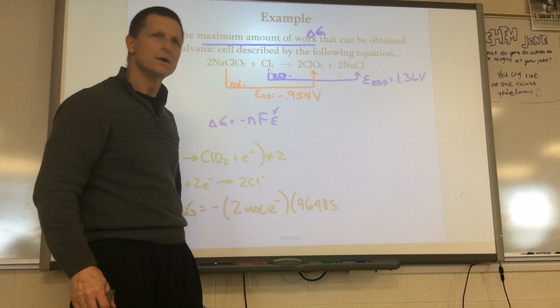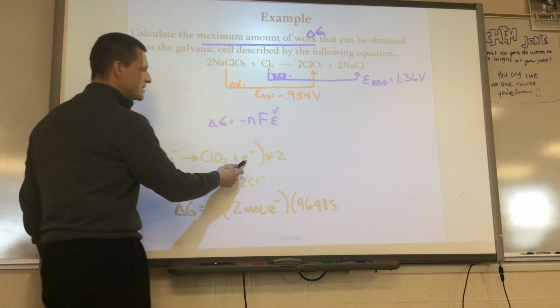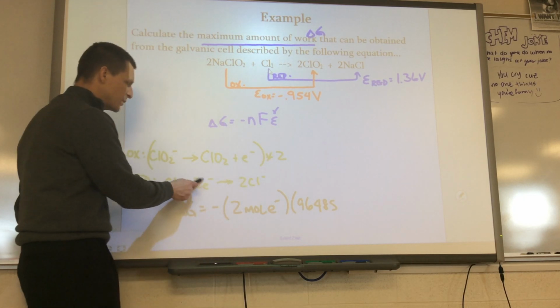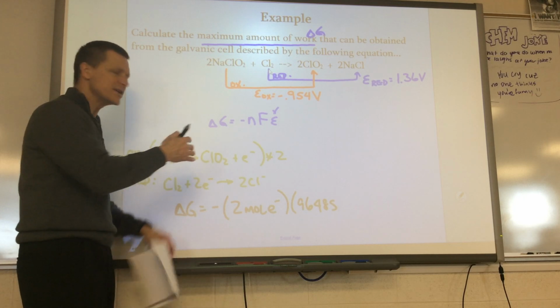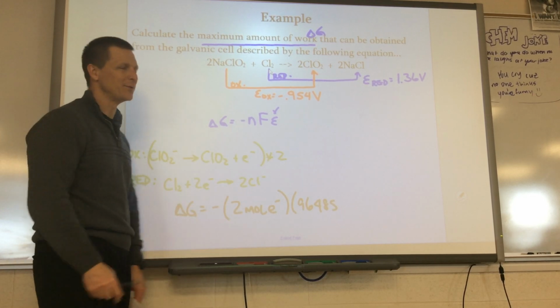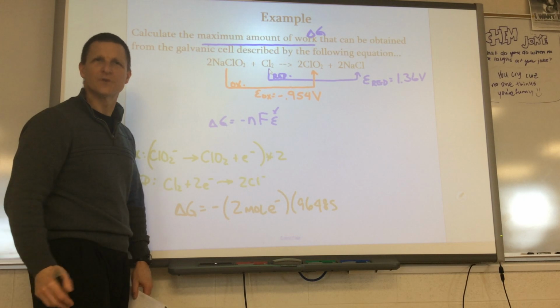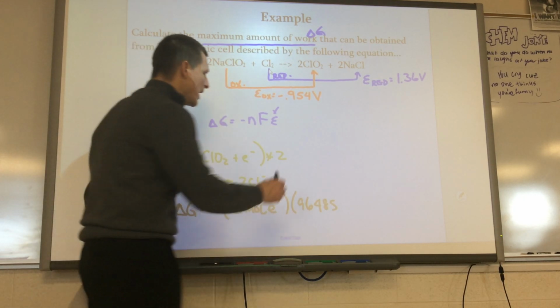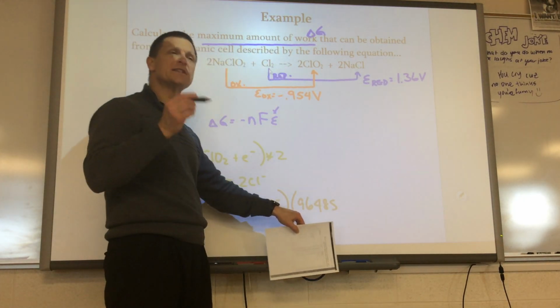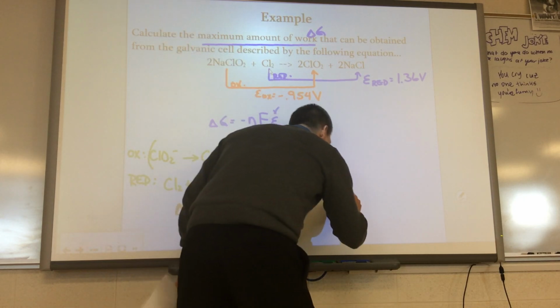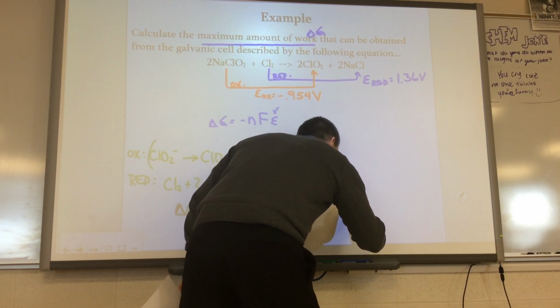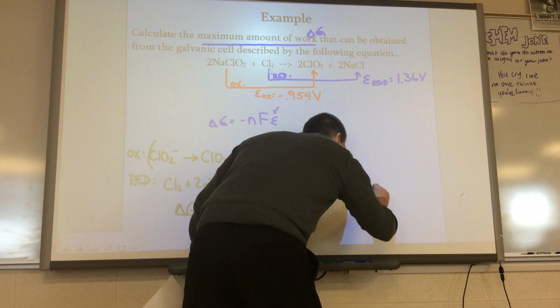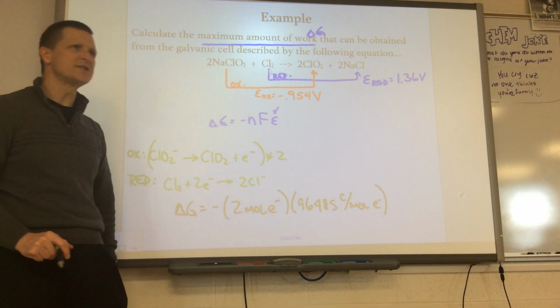How do we get 2 volts? Oh, that's exactly what you said. The oxidation gives off 2 electrons, the reduction takes in 2 electrons, so the n is 2. This reaction would transfer 2 electrons. Okay, so the unit on 96,485, this is Faraday's constant, remember. It would be how many coulombs are in every mole of electrons. So you should look at this, and there's something that cancels out.